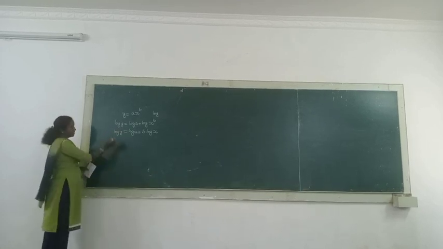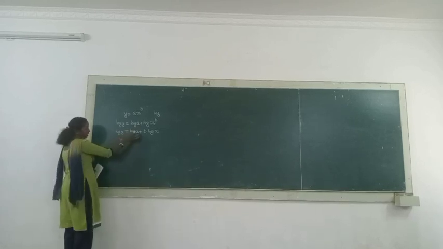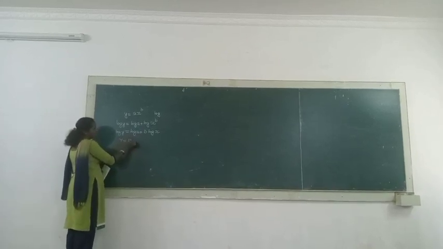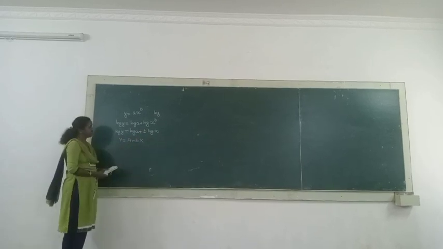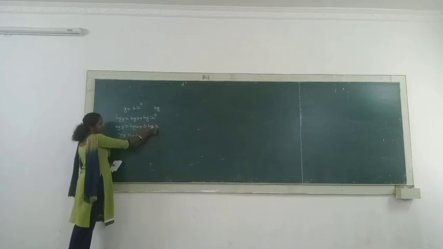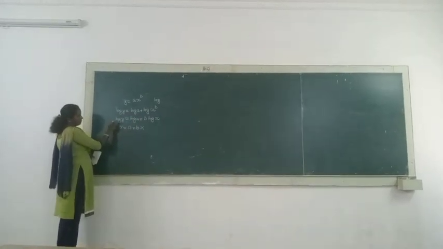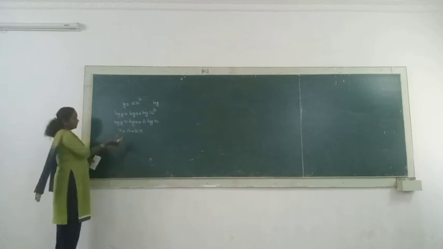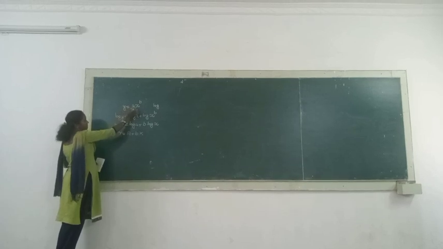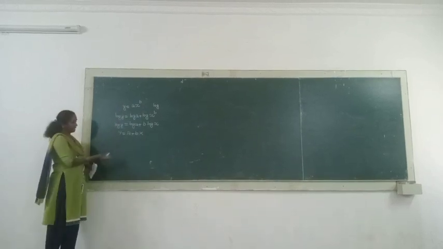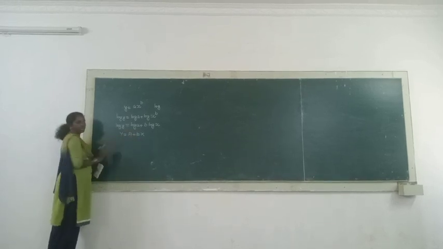Now for our reference, I will denote log y as capital Y, log a as capital A, and log x as capital X, where capital X is the natural logarithm of small x, capital A is log of a, and capital Y is log of y. Now with this logarithm, the geometric curve we had, y is equal to a x to the power of b, got transformed into a straight line, Y is equal to A plus b into X.